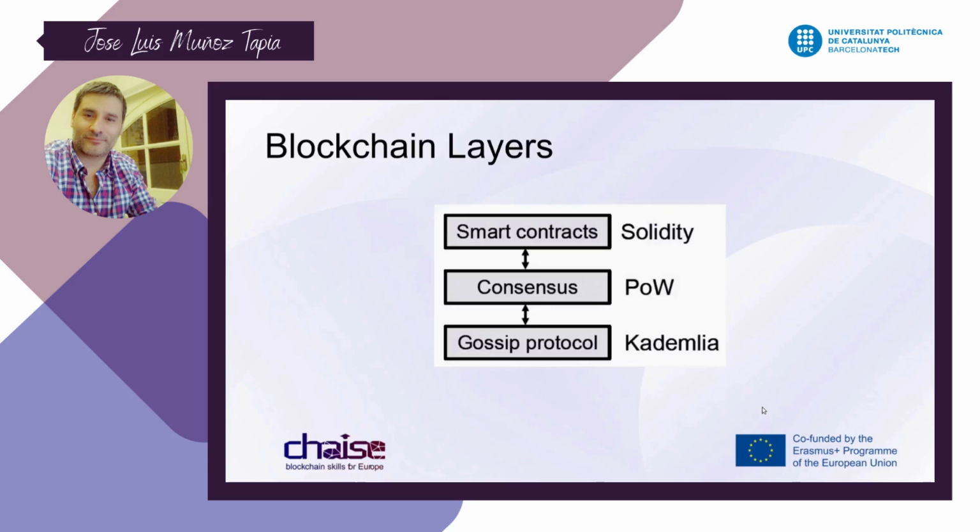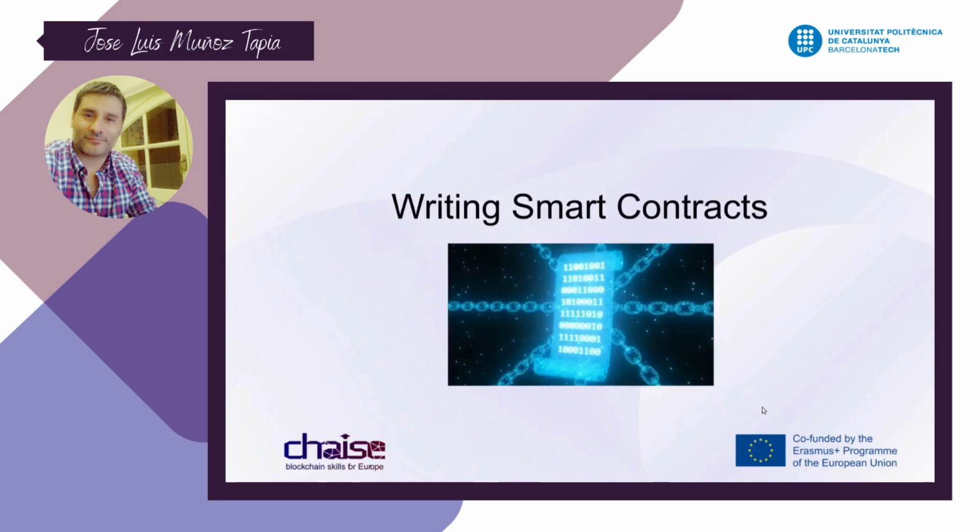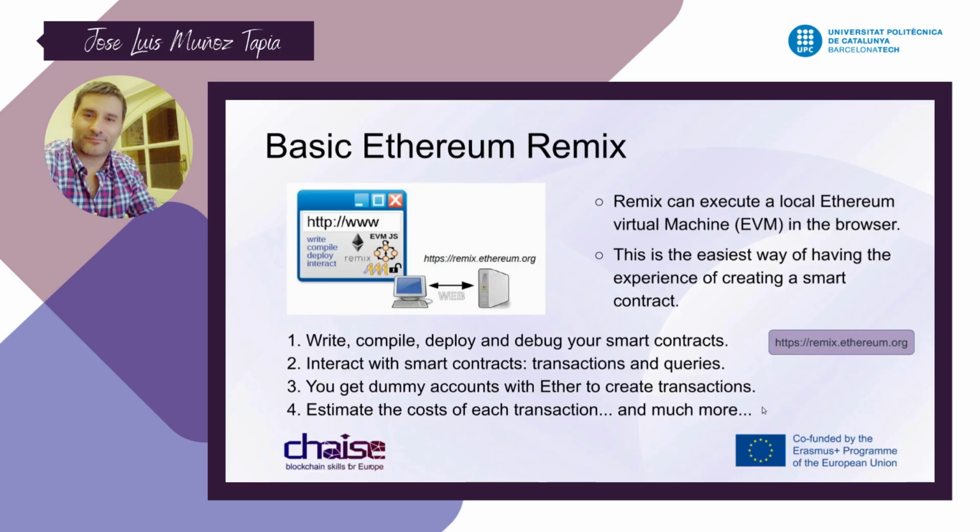Well, let's go to writing smart contracts, and we're going to use Remix here, which is essentially a web environment. When we connect to remix.ethereum.org, what we are doing is downloading an environment for writing smart contracts, and this environment has also integrated a very simple blockchain made of just one node.